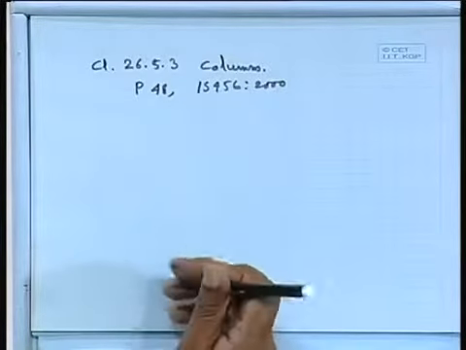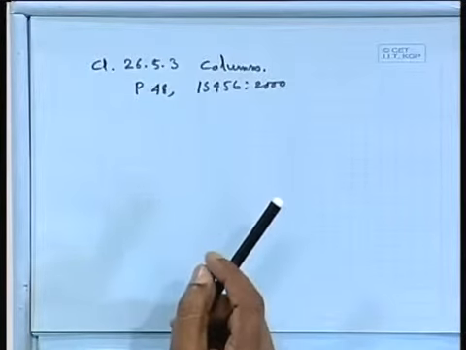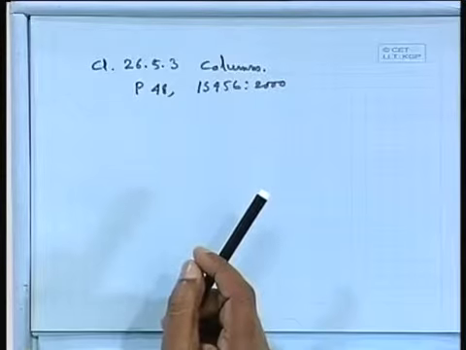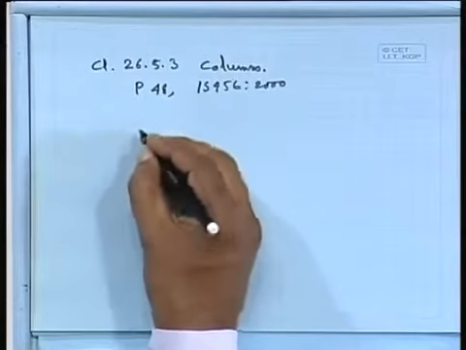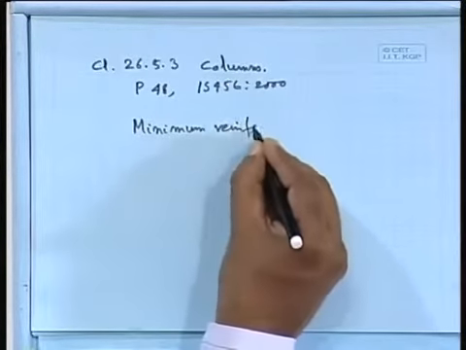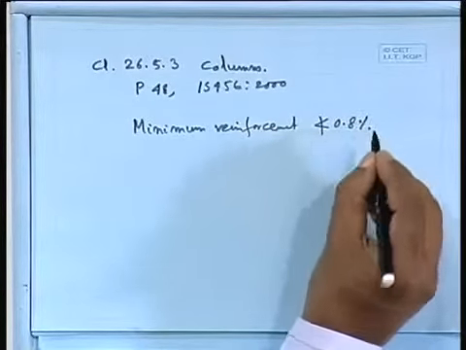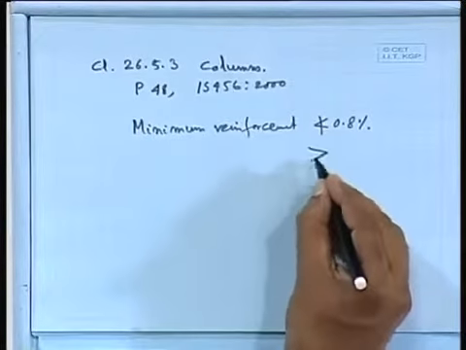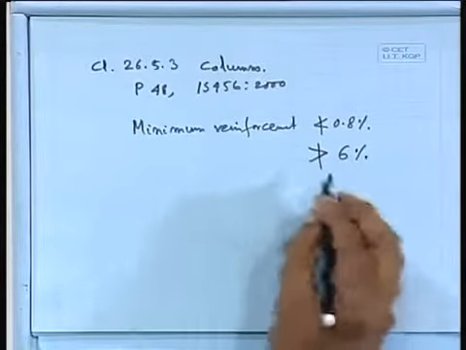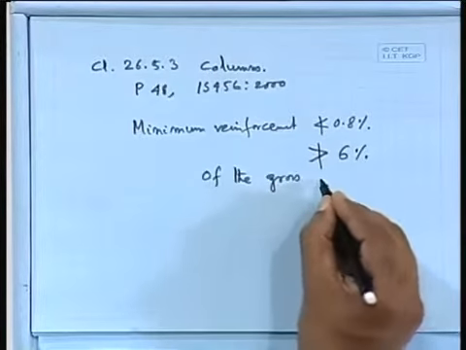So what it says, the first clause: the cross-sectional area of longitudinal reinforcement shall be not less than 0.8% and not more than 6% of the gross cross-sectional area.